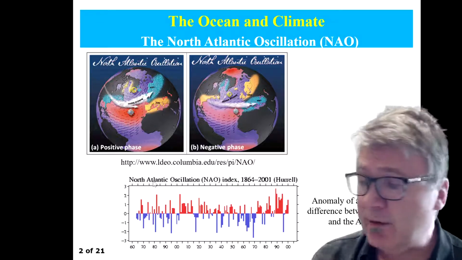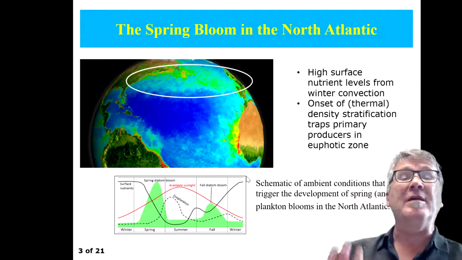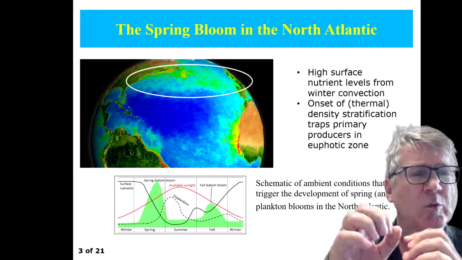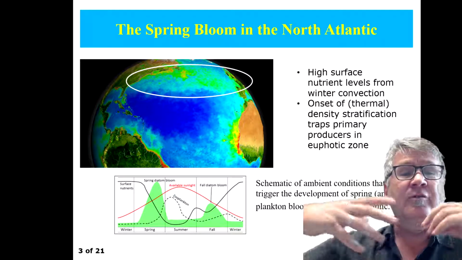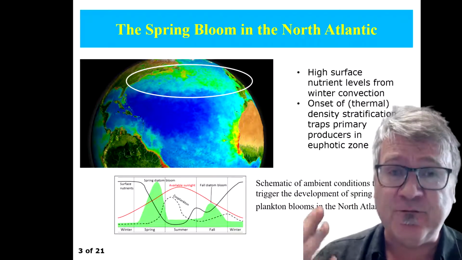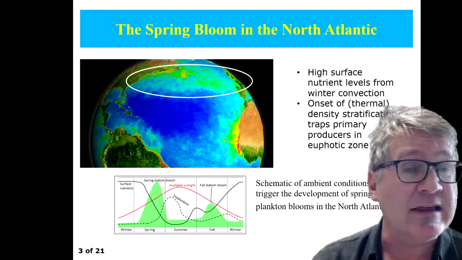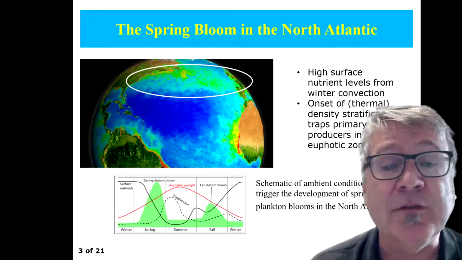So let's talk a little bit about the spring bloom. Okay? Here we are, the spring bloom in the North Atlantic. So what it is about is that during winter time we have a very deep convective mixed layer, mixed down to 1,000 meters.